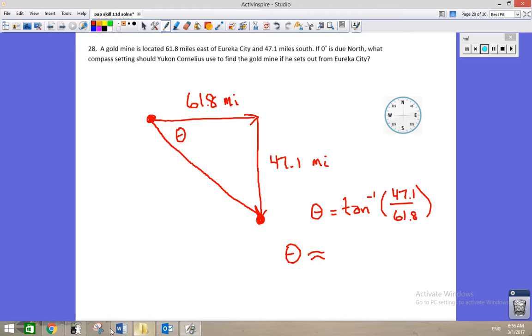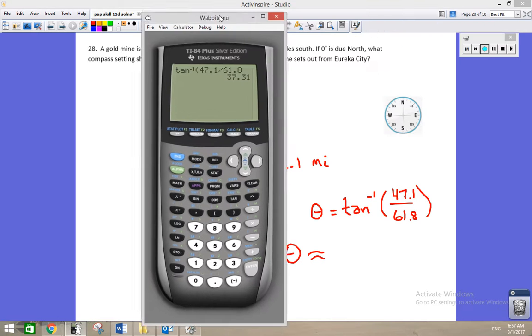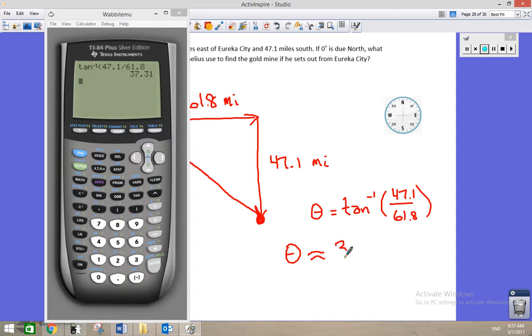Let's round it to 2 decimals, and put this in degrees. If we take the inverse tangent of 47.1 divided by 61.8, we're getting a theta, an angle measure of 37.31.